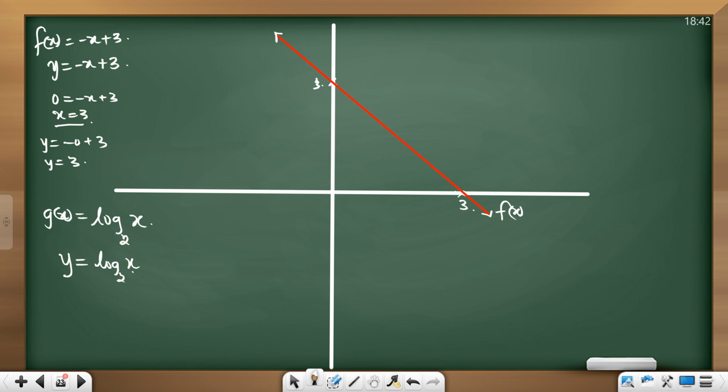If you put log of 0 base 2, that is if you are finding the inverse. Inverse is when you make x y and y x. Okay, if you want to remove log, what do you say? 2 to the power y equals x. Yeah, this and this are still the same.